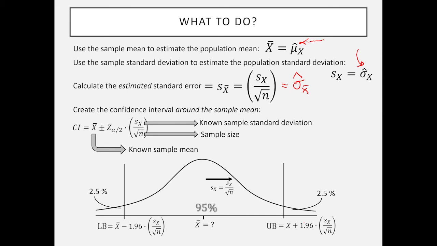In this case, what we can say too is that if we do it at the 95% level, we can expect that the population mean will fall within this new confidence interval we've created, bearing in mind that the population mean is actually fixed, and what's varying is our sample mean. So while we know that the target is fixed, we've created our upper bound and lower bound confidence interval around the sample mean that we've calculated.